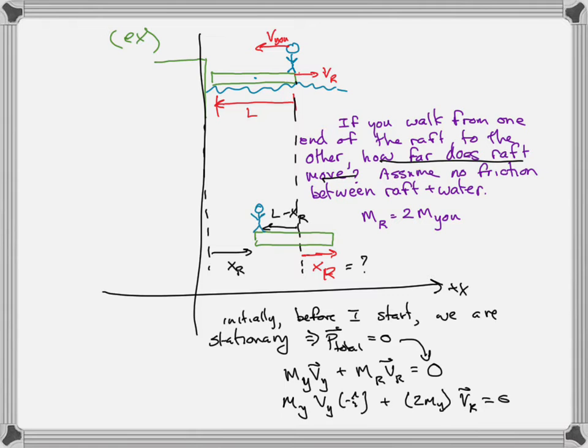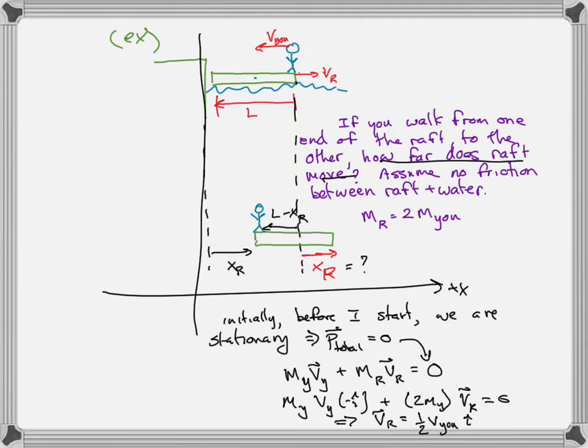So therefore, v raft, the velocity of the raft, must be 1/2 vu in the plus x direction.